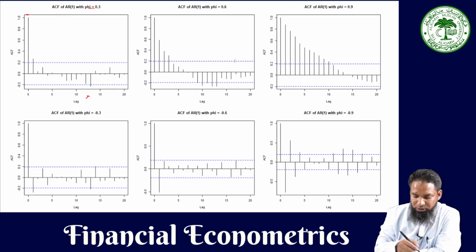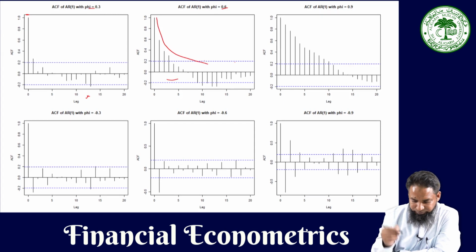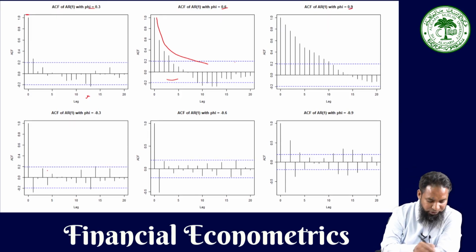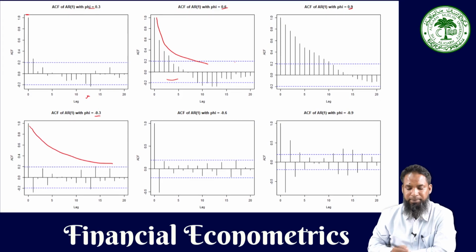Similarly, you can observe here when phi 1 is 0.6, as the lag passes, the autocorrelation function declines. And so is the case when the value of phi is 0.9. And similarly here when it is minus 0.3, again we have the same phenomenon. As time passes, the autocorrelation function starts declining.